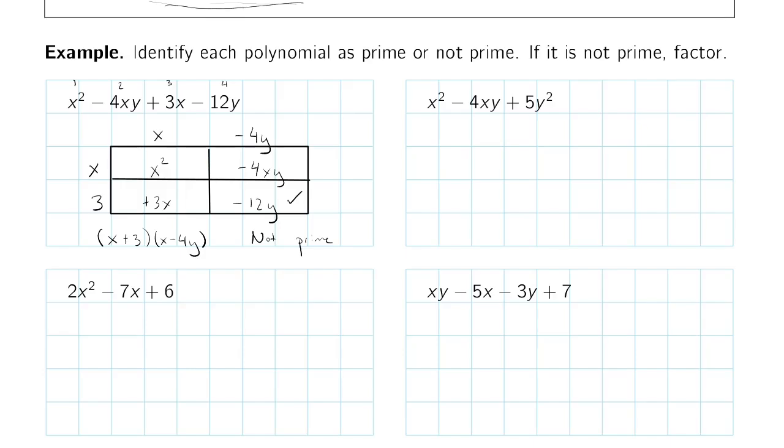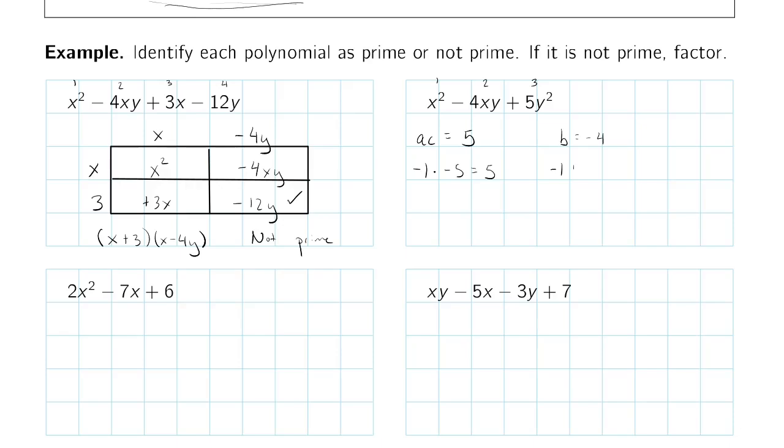Okay, next example. This is a quadratic trinomial, right? 1, 2, 3 terms. So I'm going to try to use the AC method. AC is 5, 1 times 5. B is negative 4. Well, 5 I can only factor one way, right? Negative 1 times negative 5 is 5.